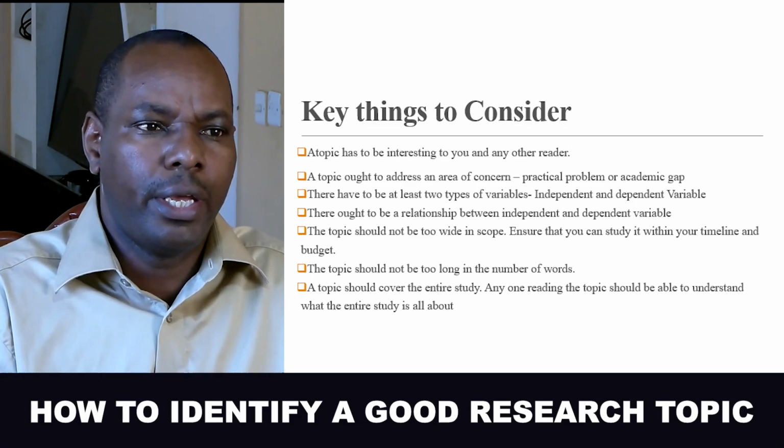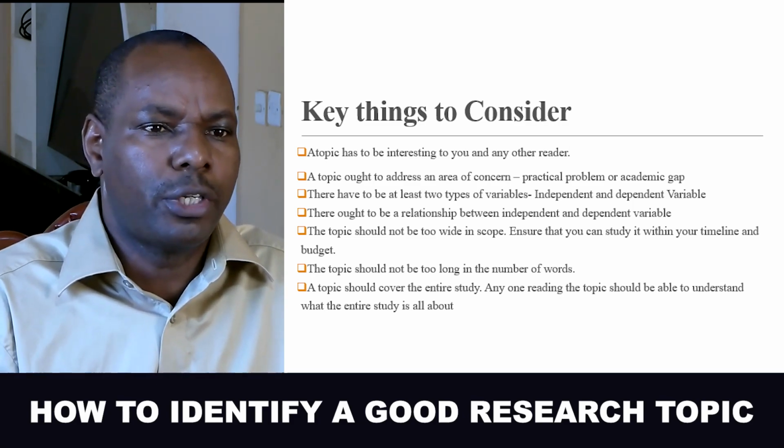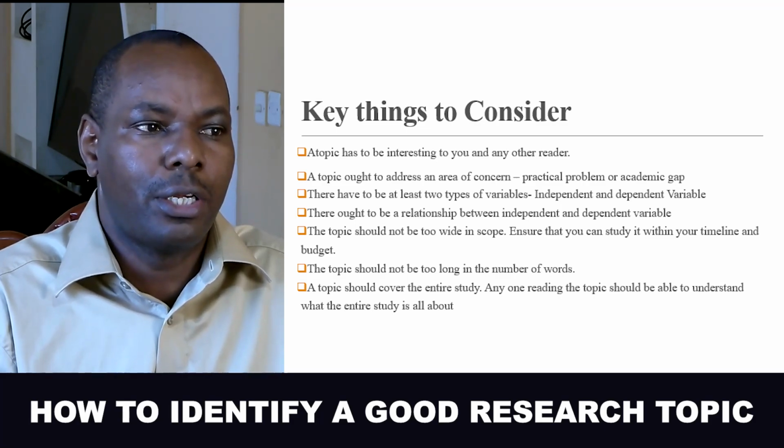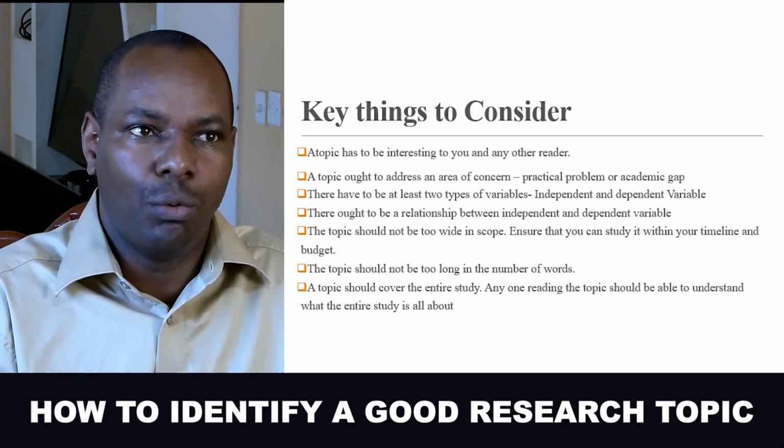So that is very important. You should be able to understand what the entire study is all about. Anyone looking at your topic should be able to grasp what the candidate is studying. What is the study about?